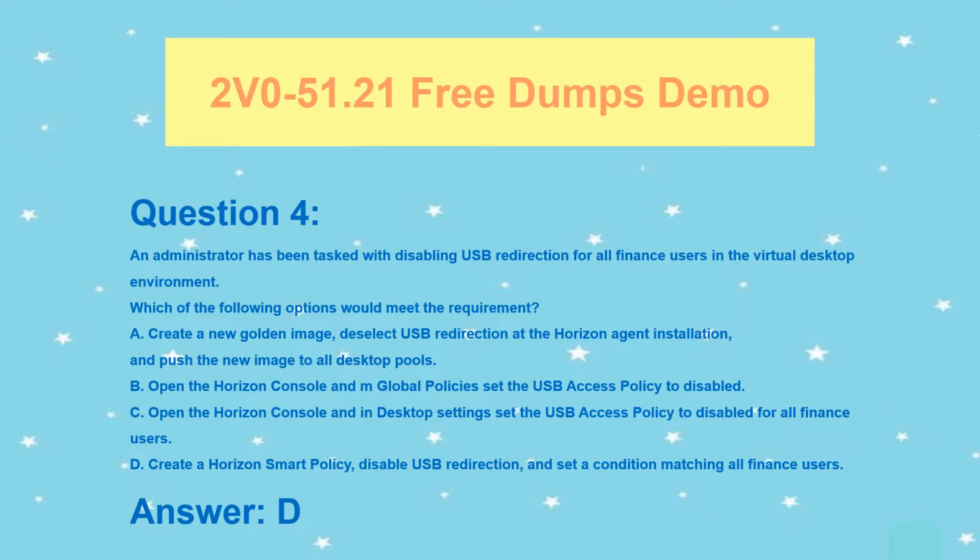B. Open the Horizon console and Global policies, set the USB access policy to disabled. C. Open the Horizon console and in desktop settings set the USB access policy to disabled for all finance users. D. Create a Horizon Smart policy, disable USB redirection, and set a condition matching all finance users. Answer: D.